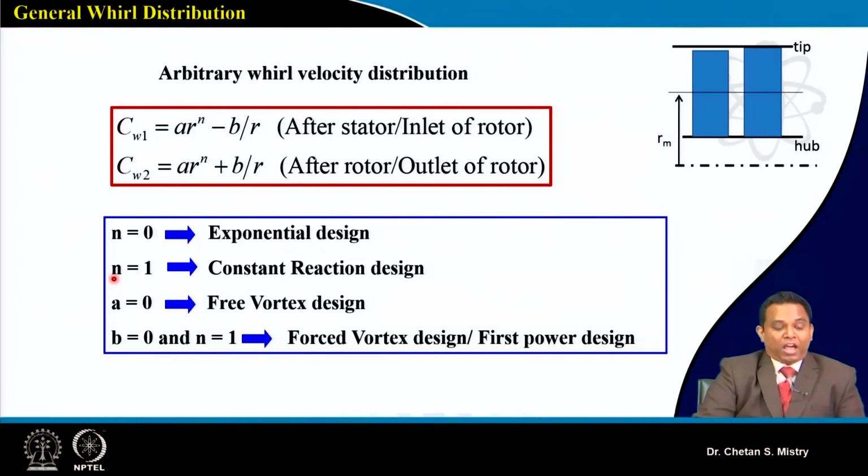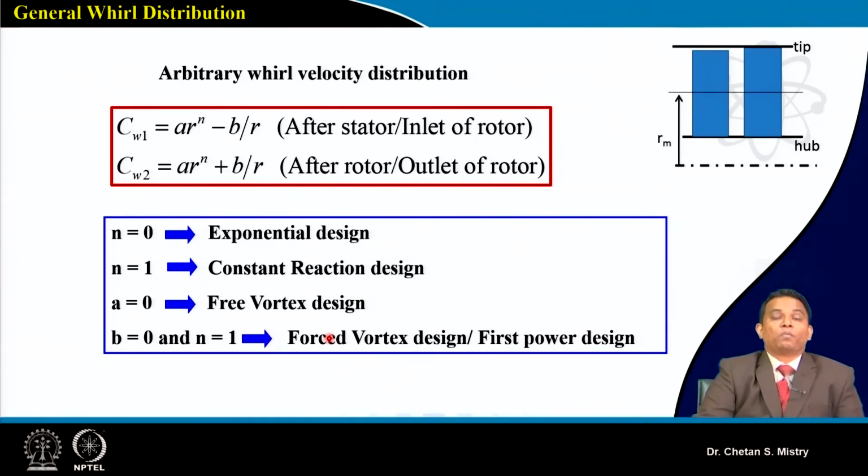If I take n equal to 1, that gives me constant reaction design. And if I take A equal to 0, that is my free vortex design concept. And suppose I have B equal to 0 and n equal to 1, that gives me the forced vortex design, or first power design.